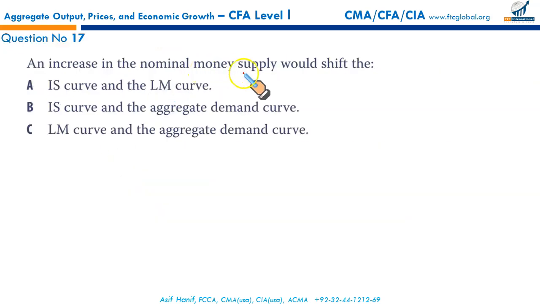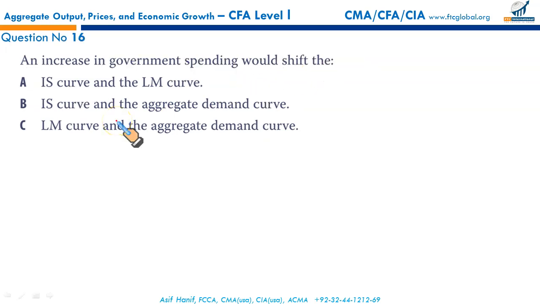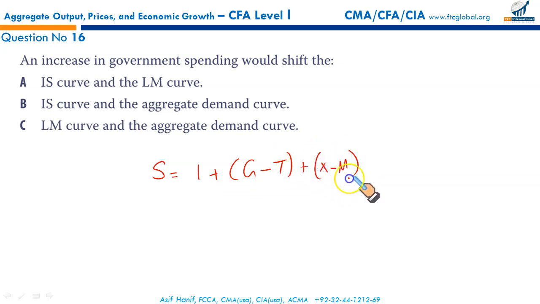An increase in nominal money supply would shift the... Okay, so an increase in government spending would do what? Let's first see the saving function: G minus T plus exports minus imports. Now if government spending increases, that would result in an increase in savings, right?